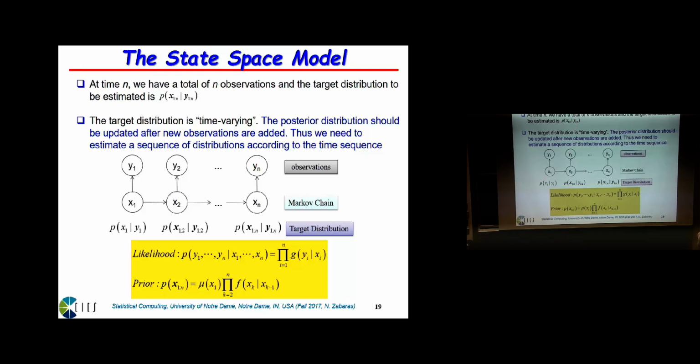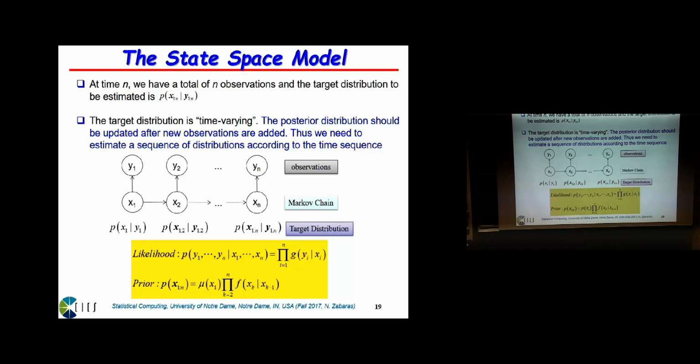So when we start, at step 1, we need to compute P of x1 given y1. At step 2, we want the joint of x1, x2 given y1 and y2, and at step n we need this, and we need to do this in a way that the cost will not explode with n. This is the important thing here.